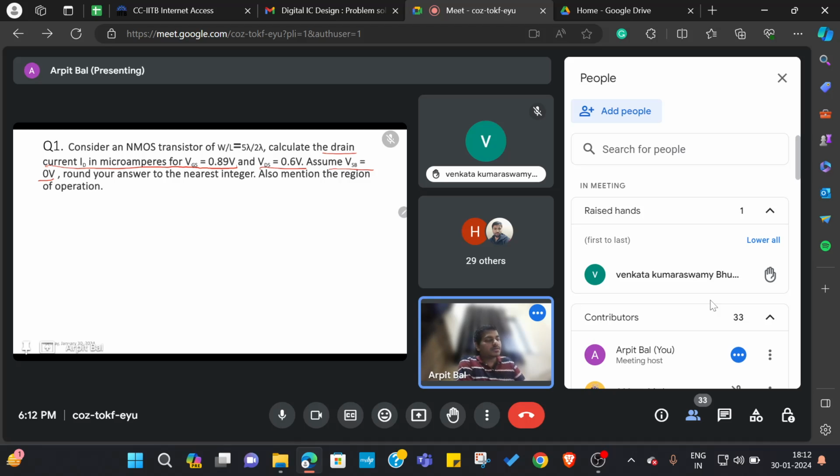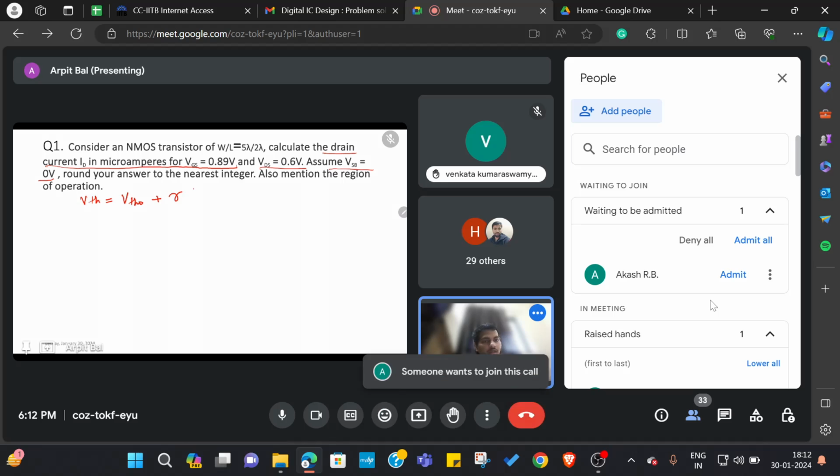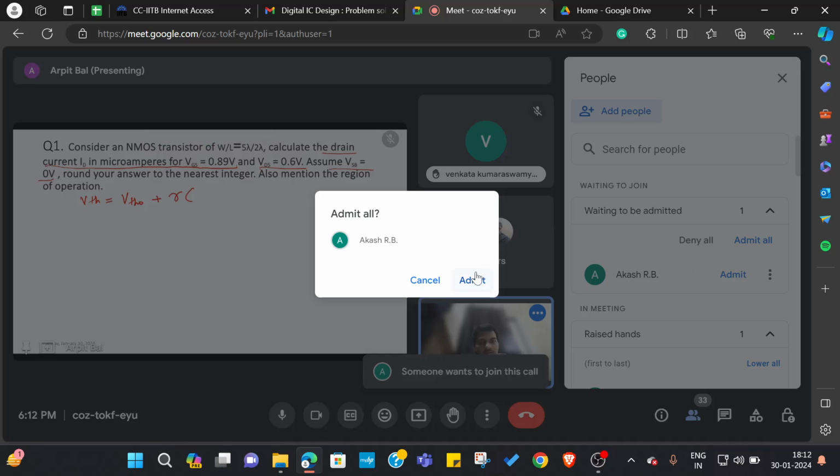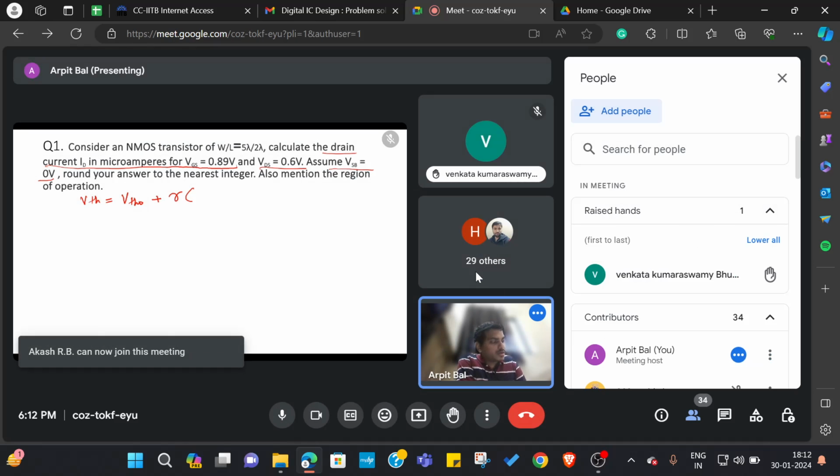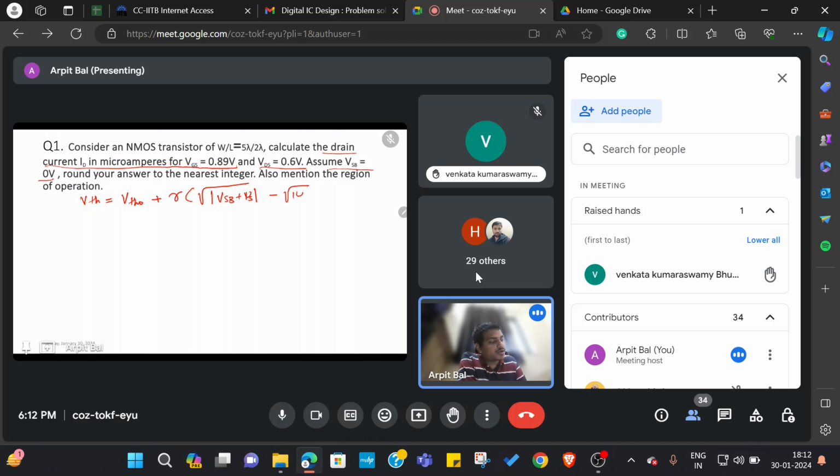The first thing we need to do is figure out the VTH. Using the working equation, VTH is equal to VTH naught plus gamma times root over of mod VSB plus psi s minus root mod psi s.